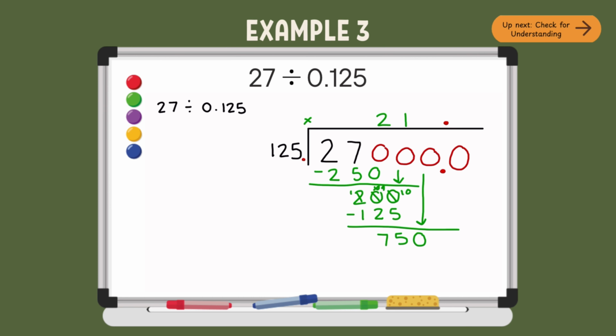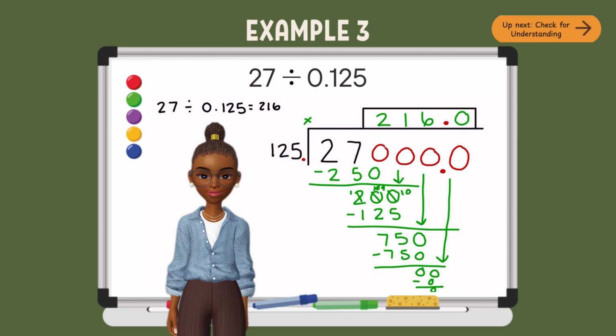We got to 750. 125 times 6 is the exact answer that we're looking for. So we're going to go ahead and multiply it times 6 and subtract 750. 750 minus 750 is 0. Bring down the last 0, and we all know that 0 divided by 125 is 0. So our final answer is 216, or you can say 216.0.